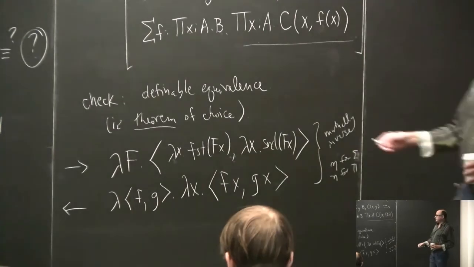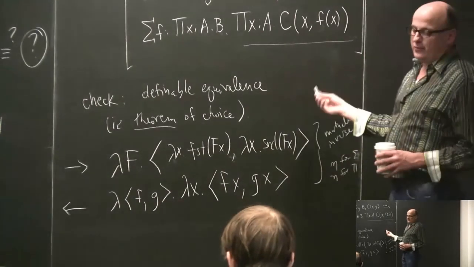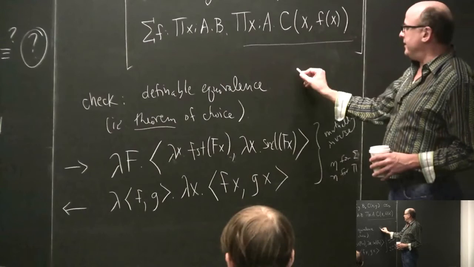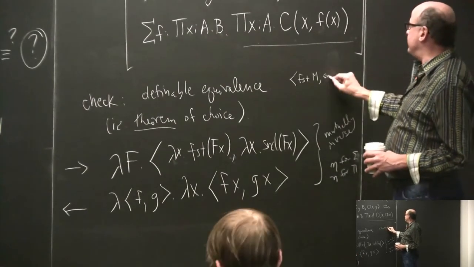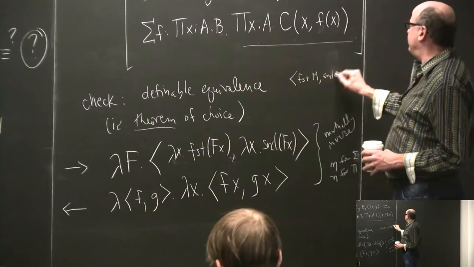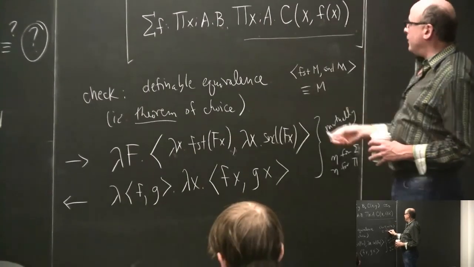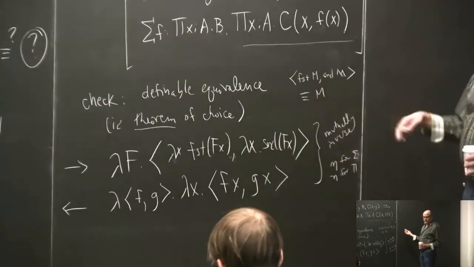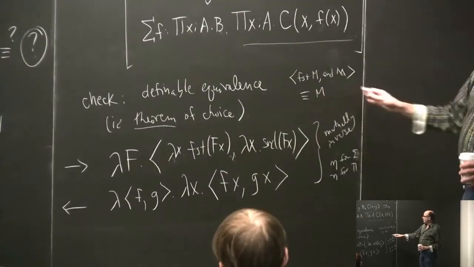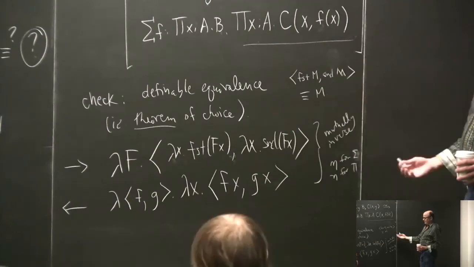Remember, we postulated there's that uncomfortable thing about what exactly should be definitional equality. What I ended up using in the proof is that the pair first m, second m is m. That's what I mean by eta for sigma, and the eta for pi is what you think: lambda x, m x is m. I use that in my argument.